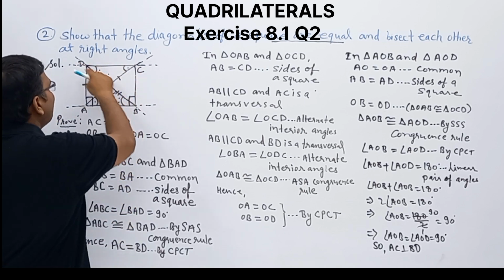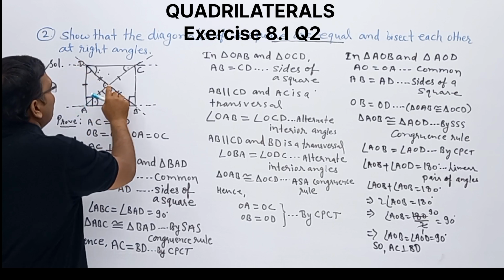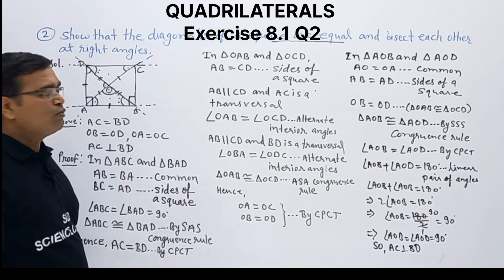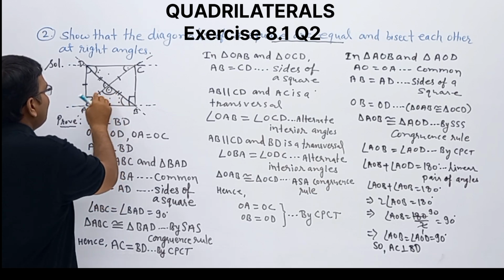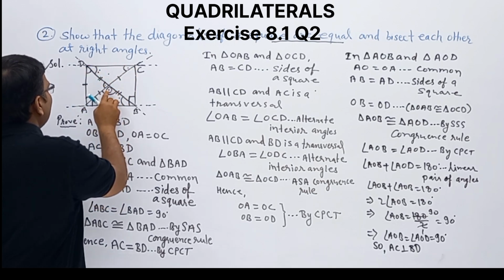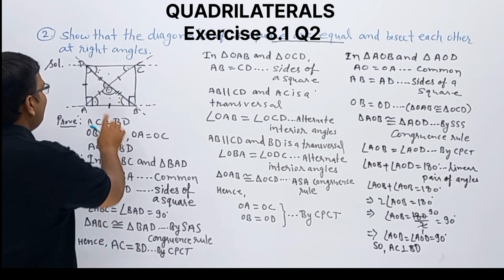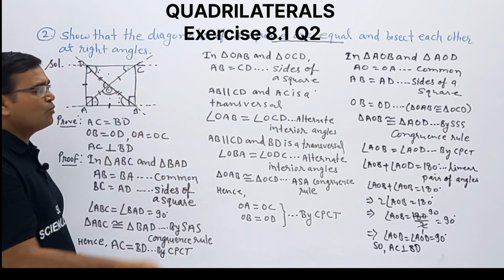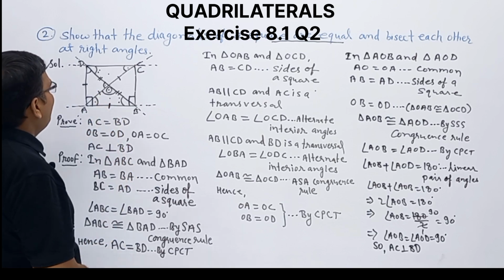Now we want to show bisecting. These diagonals are bisecting. It means OB equal to OD and OA equal to OC. These things we want to prove. So to prove these things, we are taking triangle OAB and triangle OCD. In these 2 triangles, AB equal to CD, sides of a square. Another thing, we will take angles.